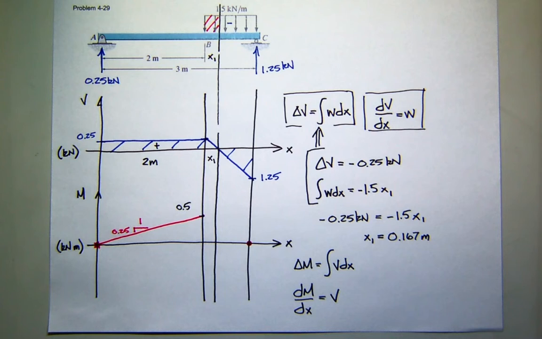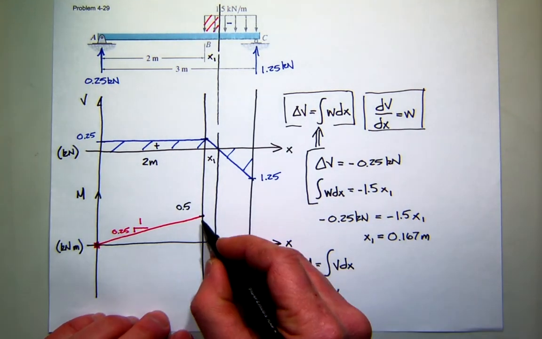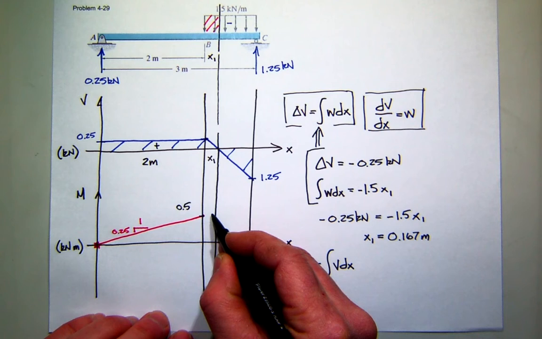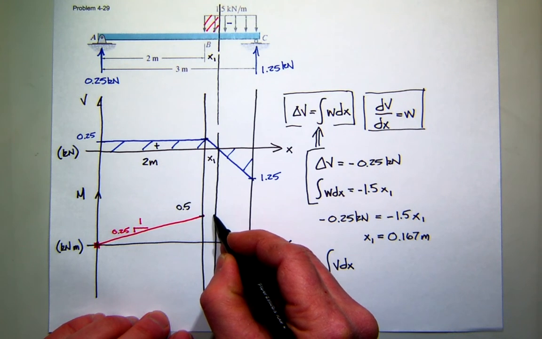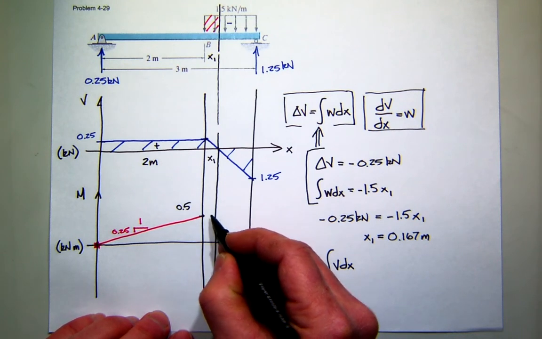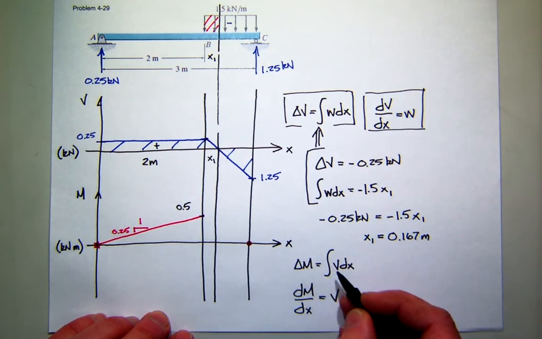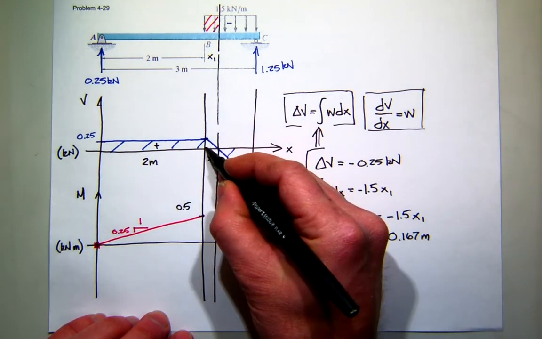Okay? Now, what's the change in moment from here to this distance x1, which we've solved as 0.167? What's the change in moment in this little interval? Well, if you follow the equation, change in moment is what? Area in the curve. So what's the area of the curve right here?